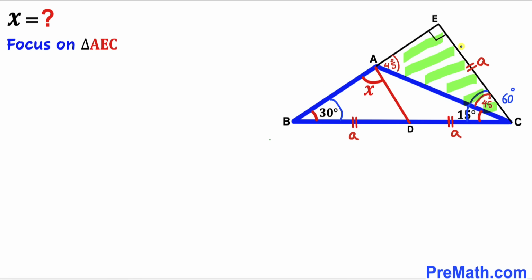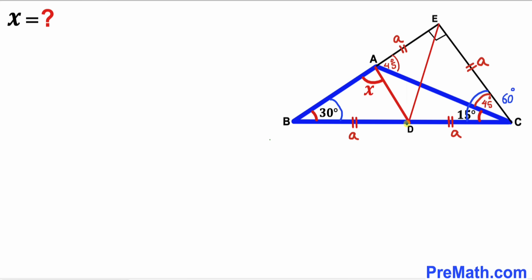Now we are going to focus on this right triangle AEC. We can see that this triangle is an isosceles triangle, since this angle is 45 degrees and this angle is 45 degrees as well. Since this triangle is isosceles, this side length has got to be equal to side length AE. So if this side is lowercase a, then this side has got to be lowercase a as well.